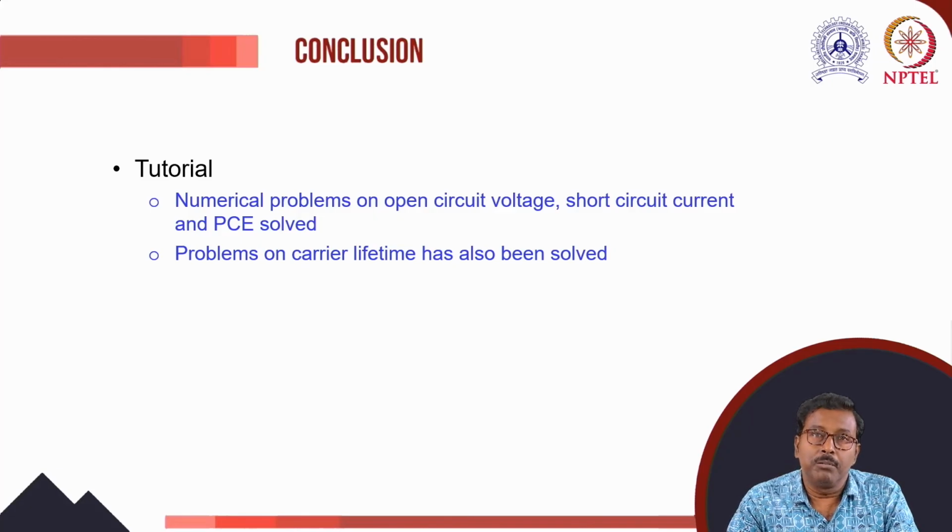Be careful about the notations: load current, photocurrent, short circuit current are denoted by different notations. Also we have solved a problem on carrier lifetime and seen the value is in the order of 100 microsecond. But if we use a larger capture cross section, lifetime would be less, that is, more chance of recombination.